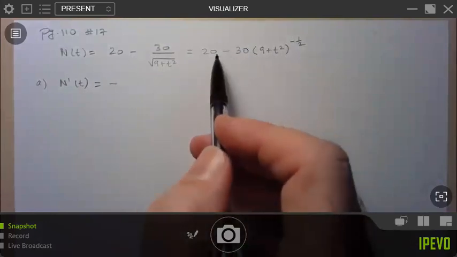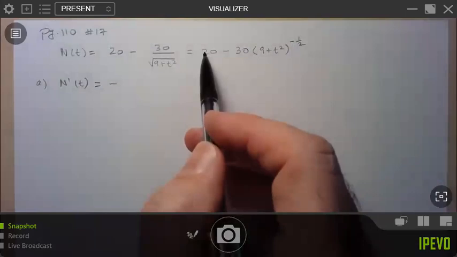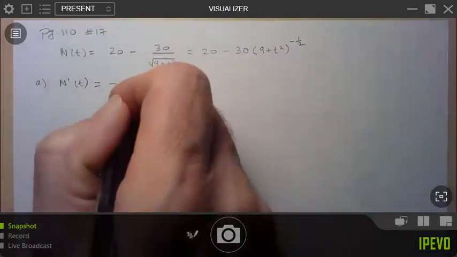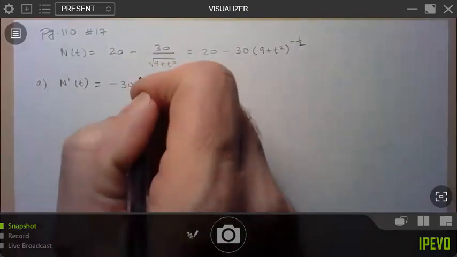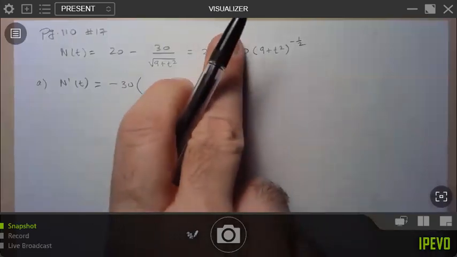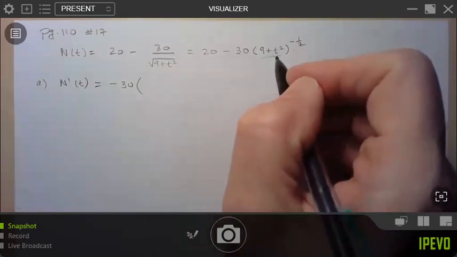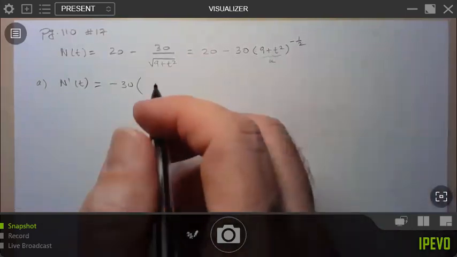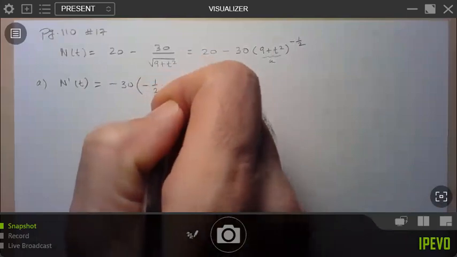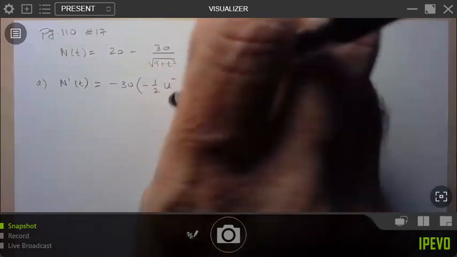Okay, so here, again, we said the derivative is equal to 0. We've got negative 30 is just a constant, so you can pull that out of the derivative. And so now we're just taking the derivative of this part here. And of course, we're going to have to use the chain rule. So this is our u. What's the derivative of u to the negative 1/2? It's negative 1/2 u to the negative, well, sorry, I won't write u.